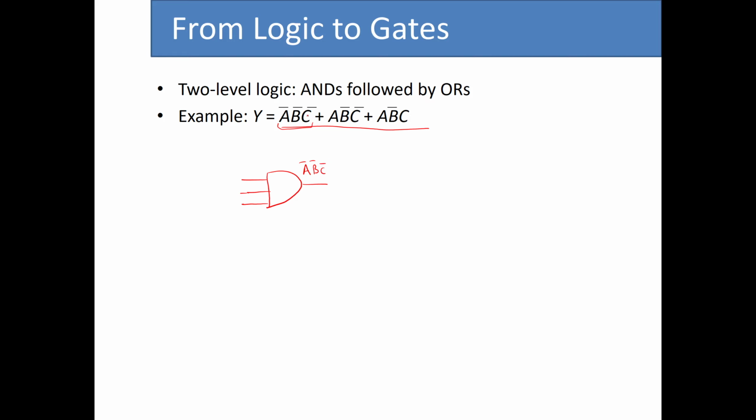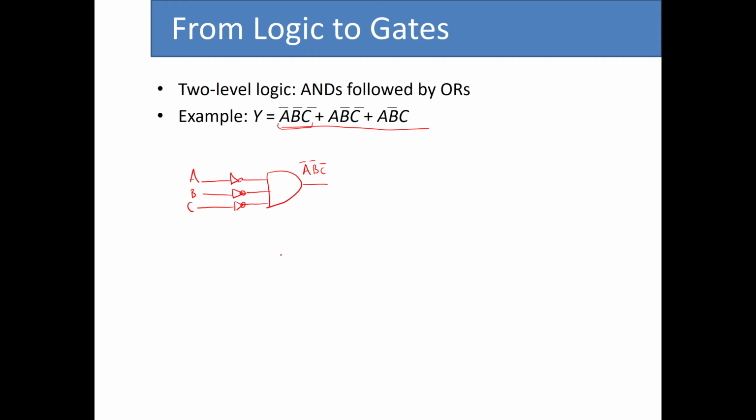As for the inputs, we notice that all of these are complements of the variable. So for each one of them we need to have this additional inverter that gets the values for each one of the variables and then complements that. So this will be the first term that we have.